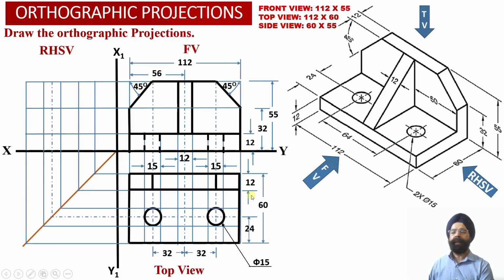So this way we have been able to obtain projections corresponding to element number 2 into the top view projection. And now let us obtain projections corresponding to this inclined rectangular surface onto the horizontal plane.